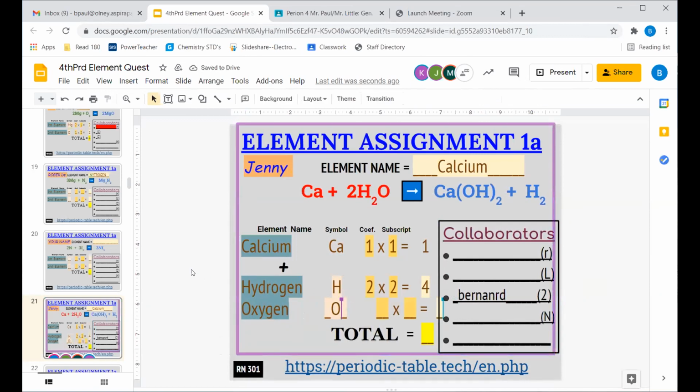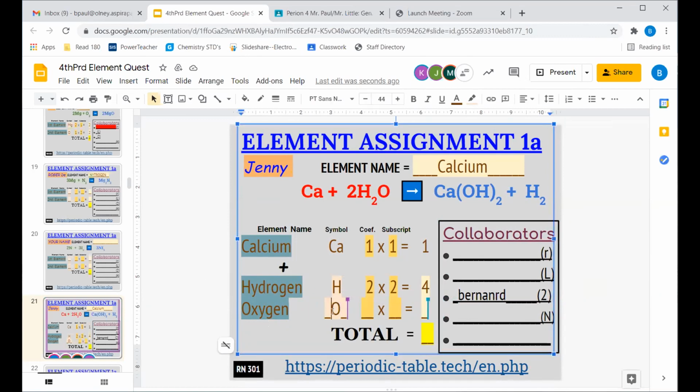Okay, so what is the coefficient for oxygen? 2. Is 2 correct for the coefficient of oxygen? Help her out.